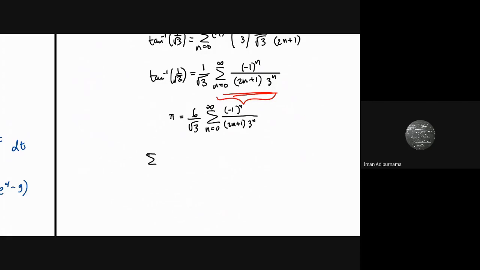And now the series is equal to, this is pi minus 6 over square root of 3.